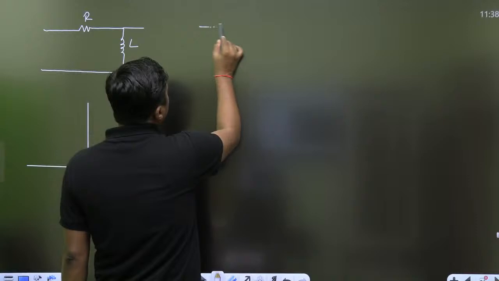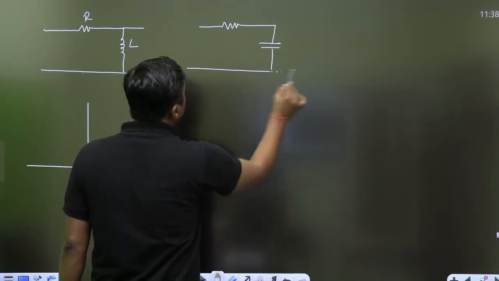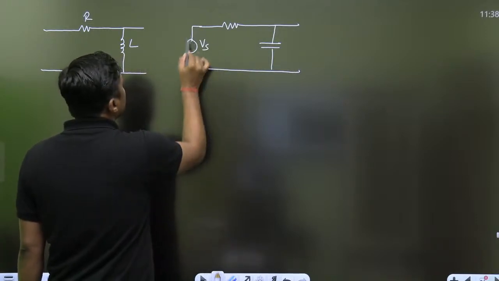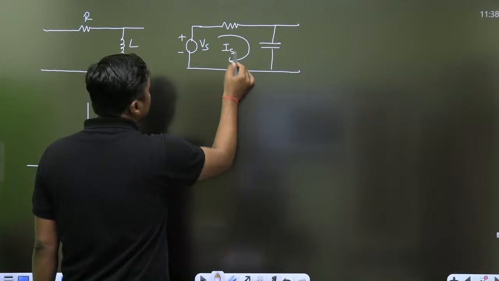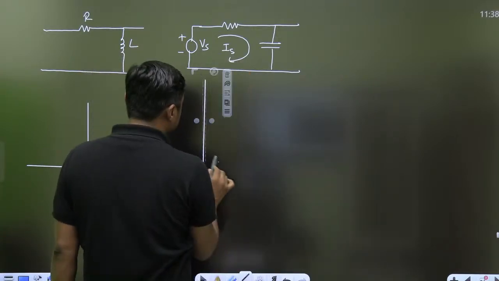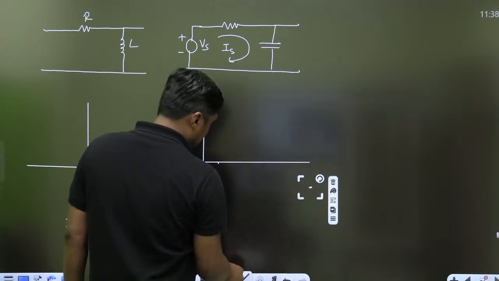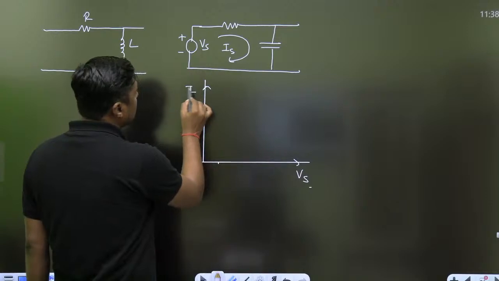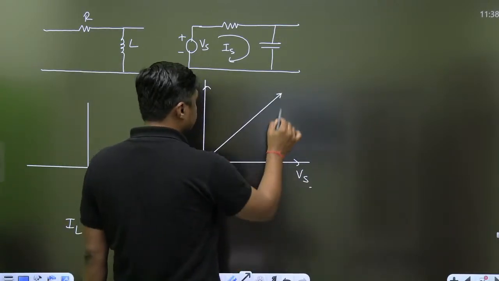If it is a purely capacitive circuit, this is the applied voltage, this is the resultant current, then current leads the voltage. Like this is the Vs, this is the I, then for RC circuit that will be the case.